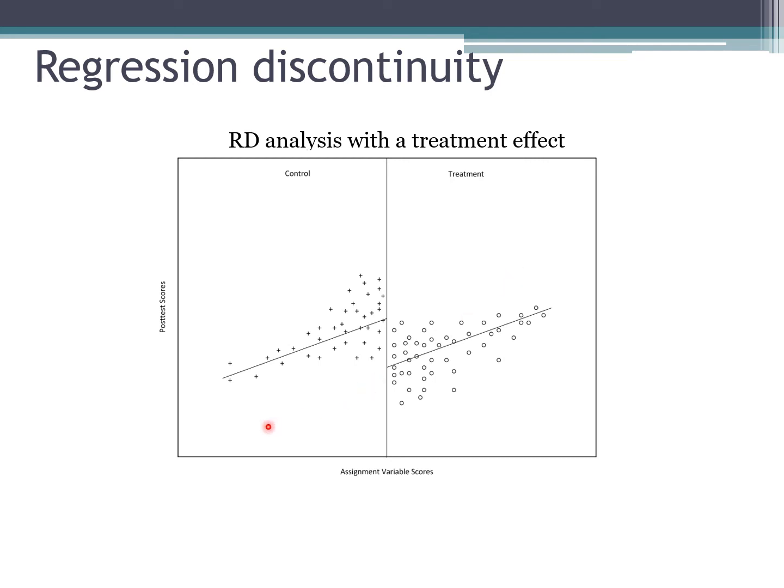Here, same setup, assignment variable on the x-axis, the outcome variable on the y-axis, and we see that for the control group, that regression showed a positive slope, where people with lower levels of anger initially still had lower levels, and then increased as pretreatment levels of anger increased.